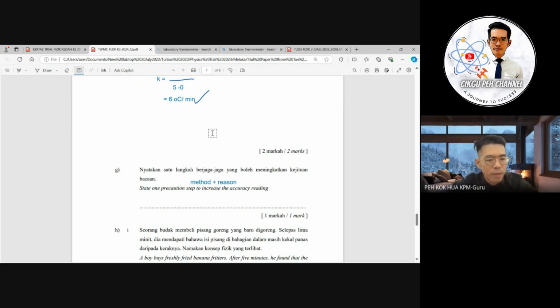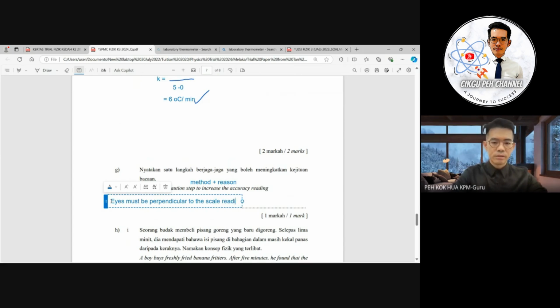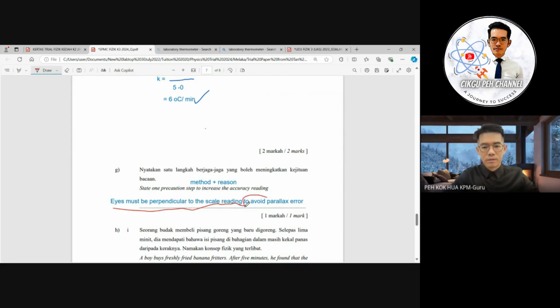So your eyes must be perpendicular to the scale of reading to avoid parallax error. So here already, method plus reason.